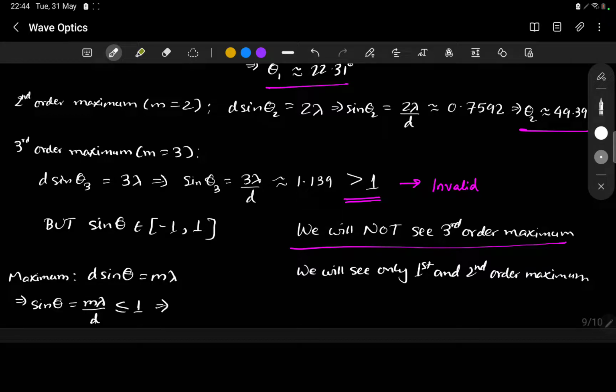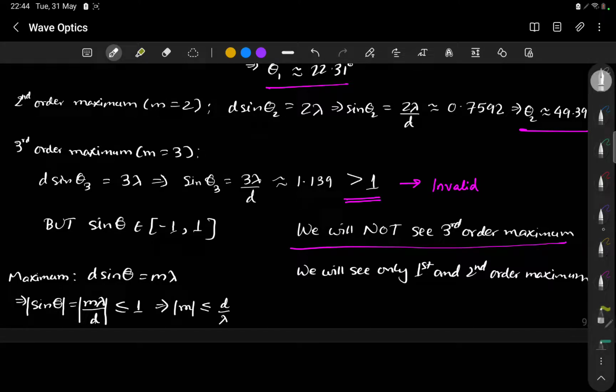This gives us that magnitude of m is less than or equal to d over lambda.